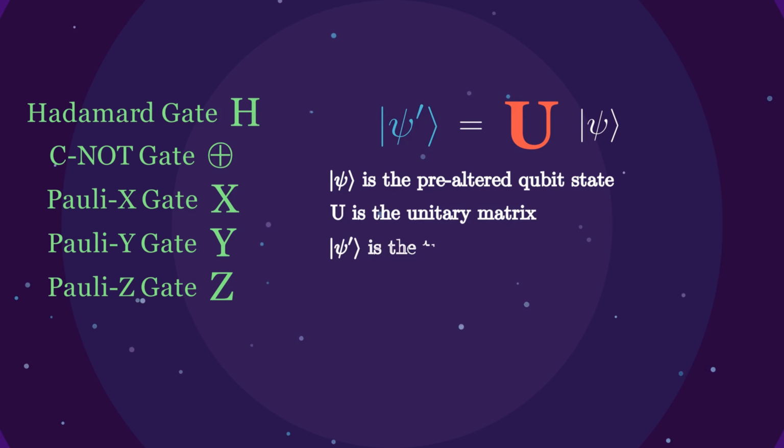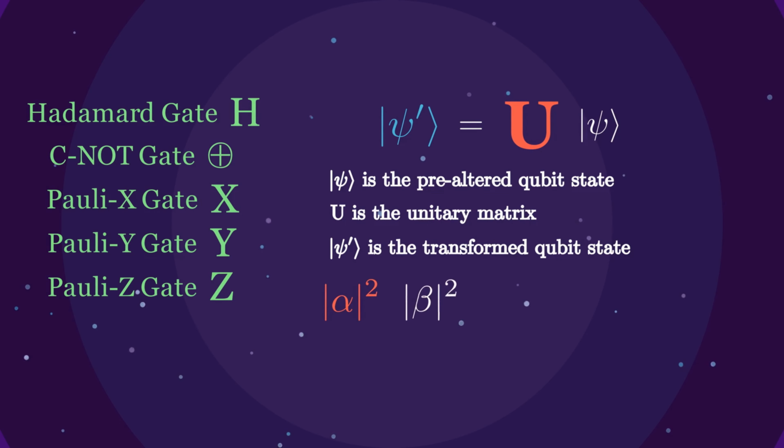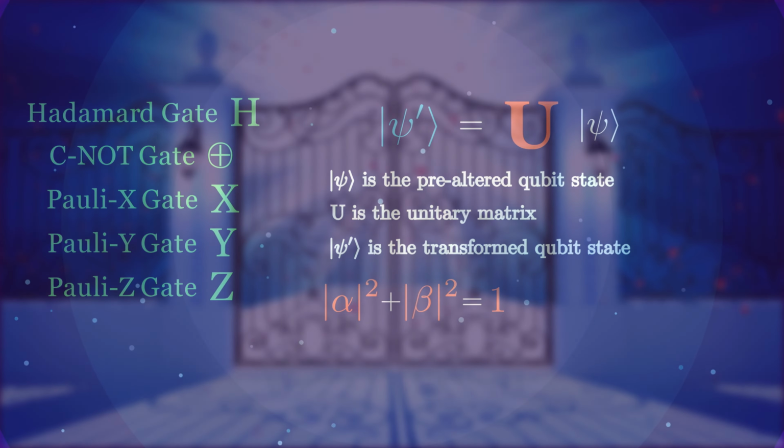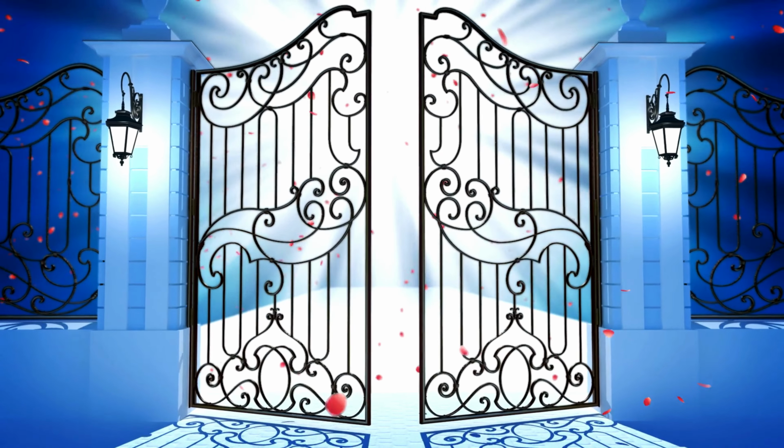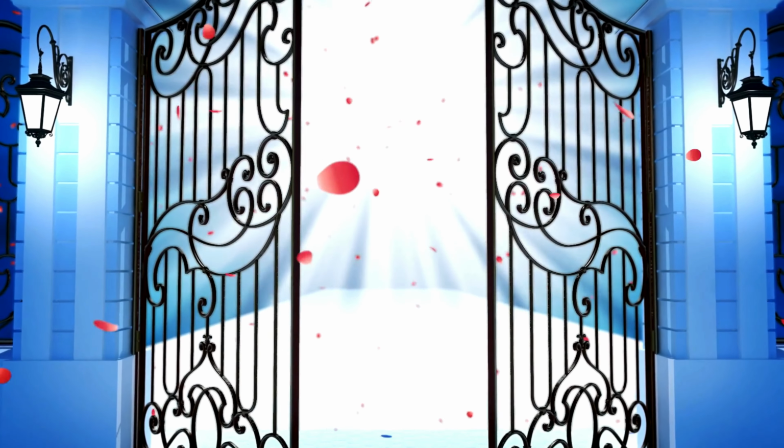The term unitary means that the gate preserves probabilities, satisfying the earlier mentioned rule that alpha squared plus beta squared equals 1. This ensures that no information is lost during the transformation, making quantum gates both precise and powerful tools for manipulating qubits in ways classical computing could never achieve.